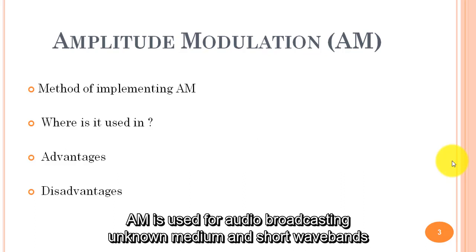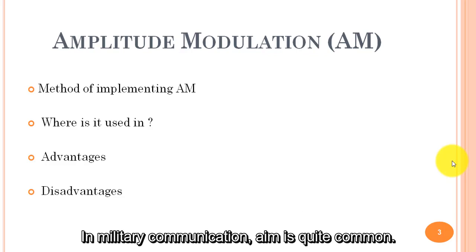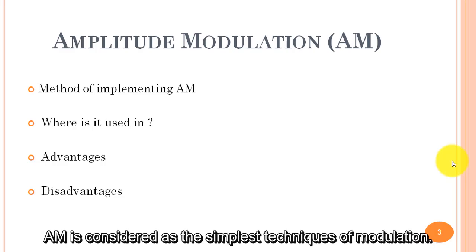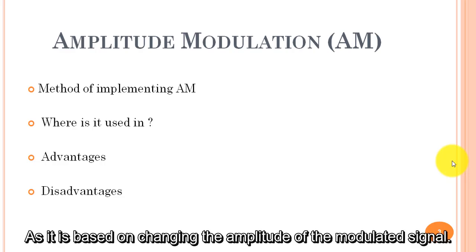AM is used for audio broadcasting on long, medium, and short wave bands. In military communication, AM is quite common since the message signal needs to travel for long distance. AM is considered the simplest modulation technique, as it is based on changing the amplitude of the modulated signal.